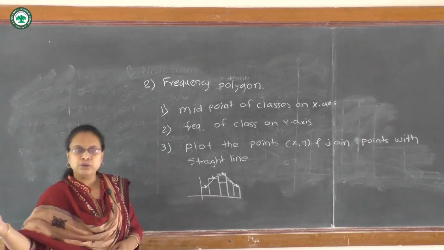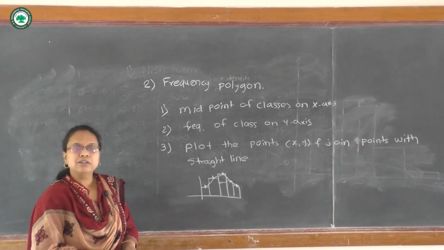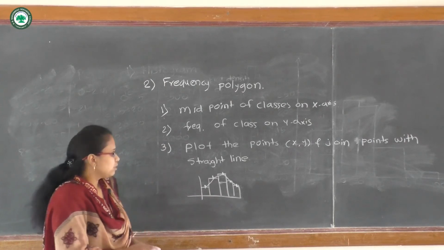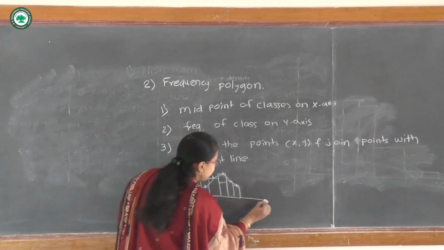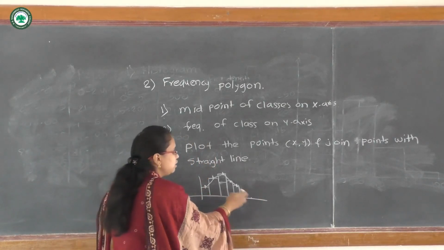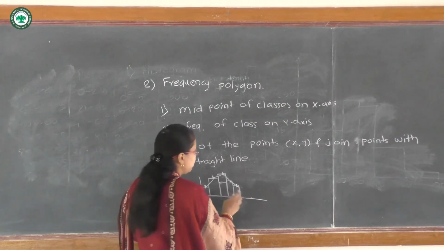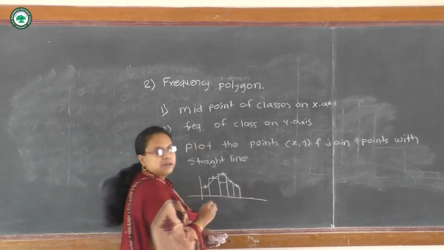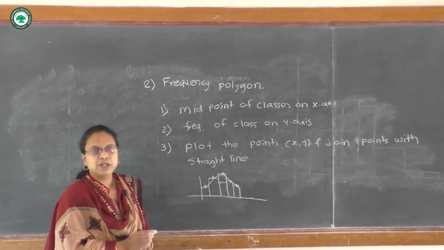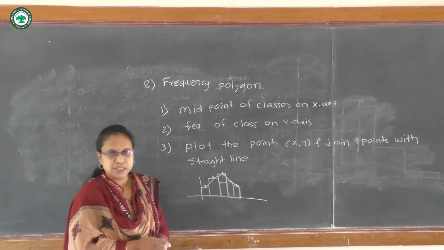We have to note that we complete the frequency polygon by taking 2 more classes. So this is the one more class we can take, succeeding the last class, and we join the midpoint of that class with frequency equal to 0. So in this way we can complete the frequency polygon.